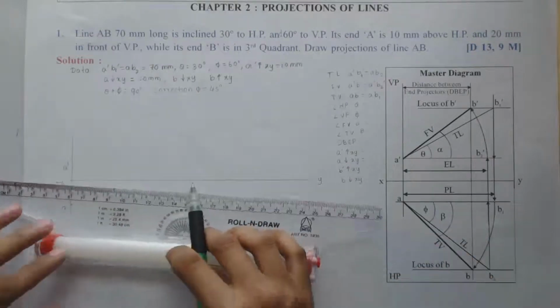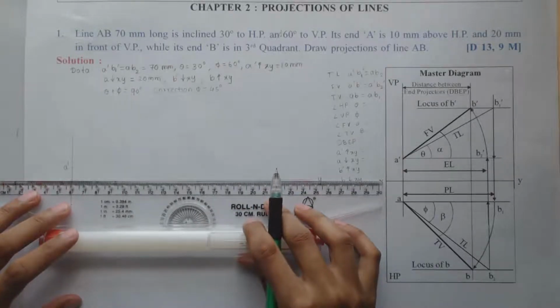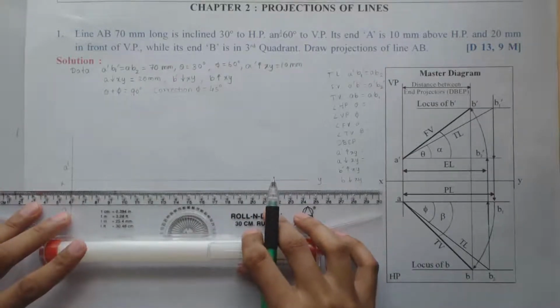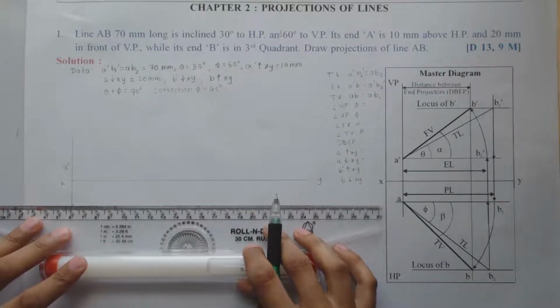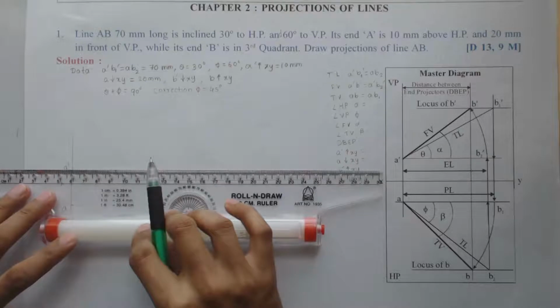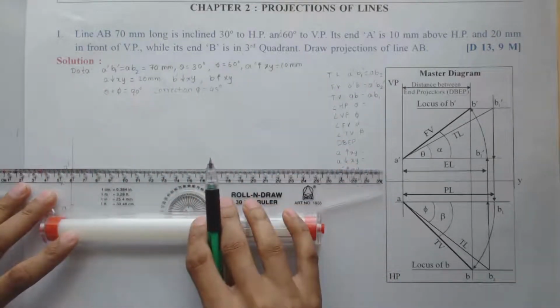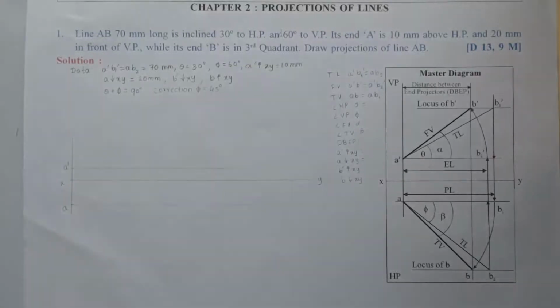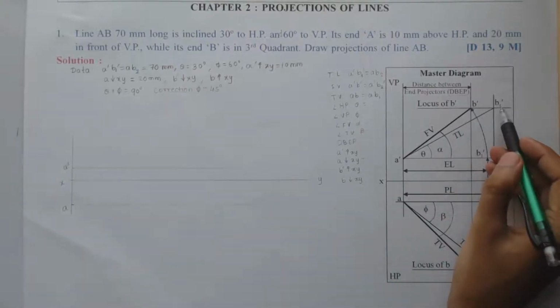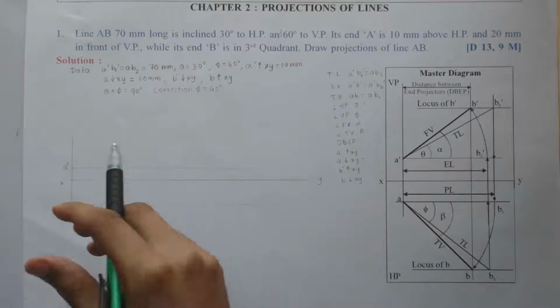So for measuring those angles, I'll first draw the horizontal lines passing through A dash and A. Again, from A dash to mark B1 dash at an angle 30 degree, I need to measure that angle.